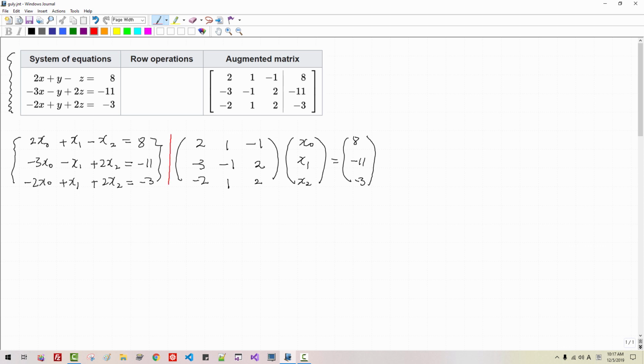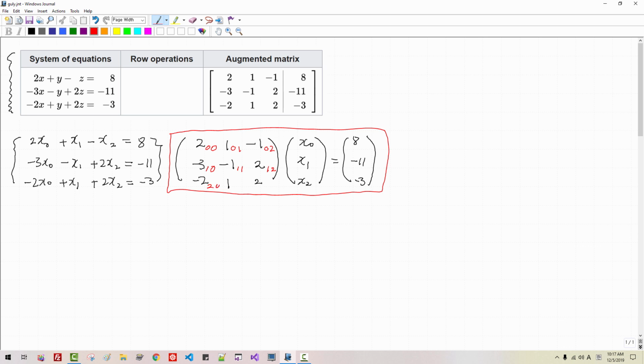We formed this new augmented matrix. From this matrix, we use indices starting with 0. So this is 0,0; 0,1; 0,2. This is 1,0; 1,1; 1,2.